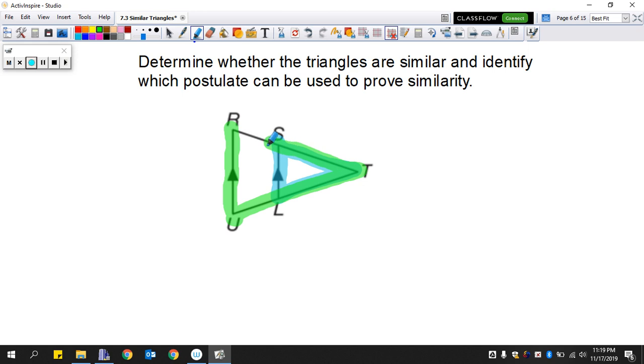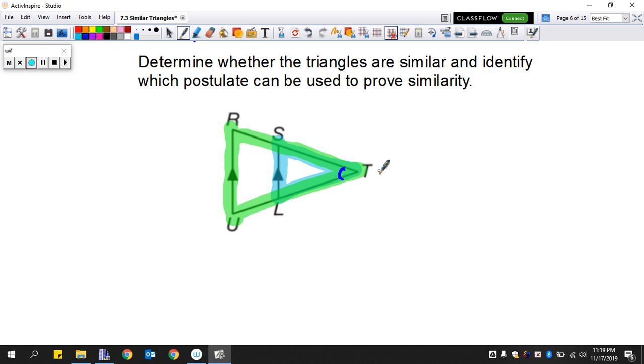Okay? So what do we know? Well, we know that these two sides are parallel, and we know that this angle is going to be the same for both of them. Okay?